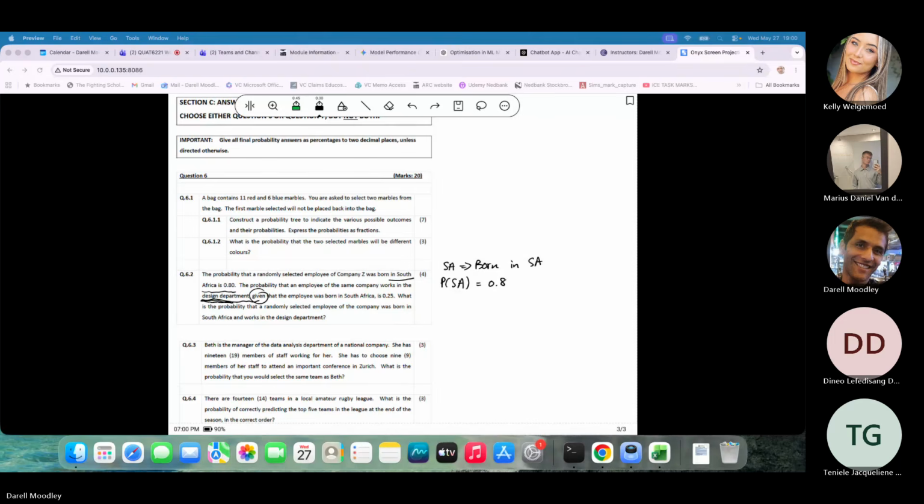It's the chance of someone that works in the company being in the design department. So let's let D be the event that an employee is in the design department.